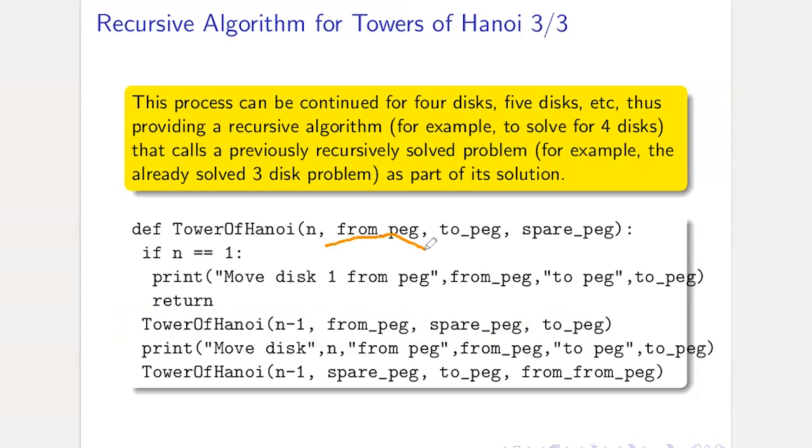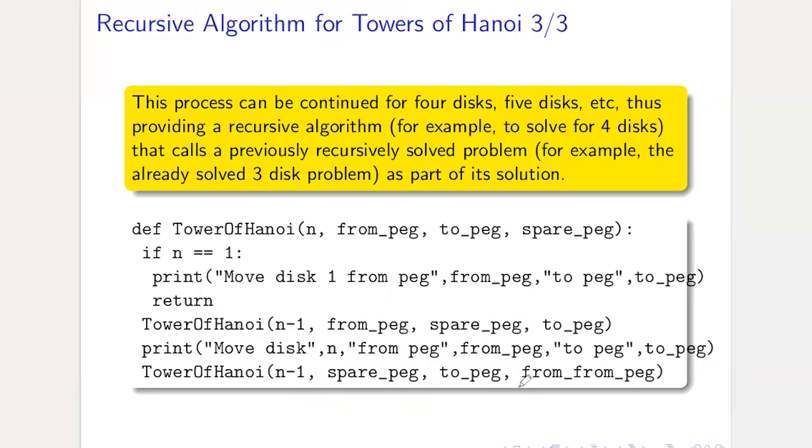So the from and to are those that have been passed as parameters. Okay, and now we have to return back to the state where the n minus 1 disks which are currently on the spare peg should be put to the to peg, the middle one.